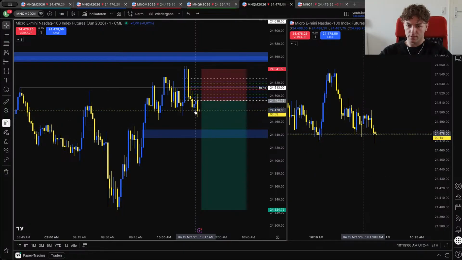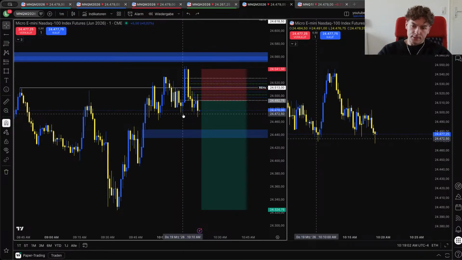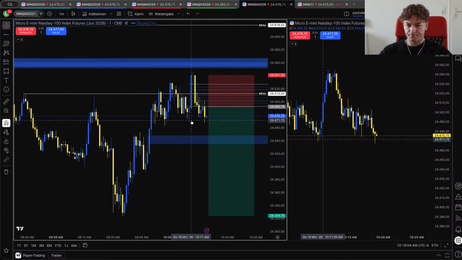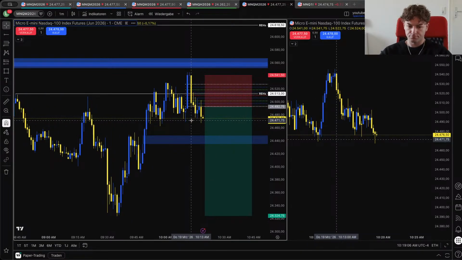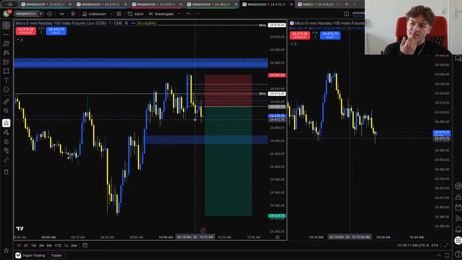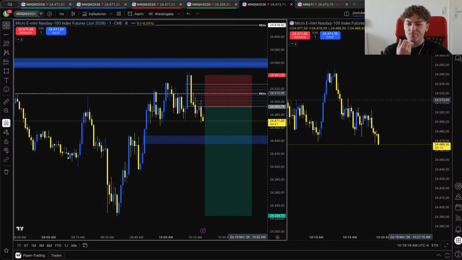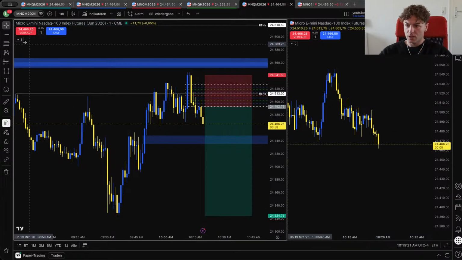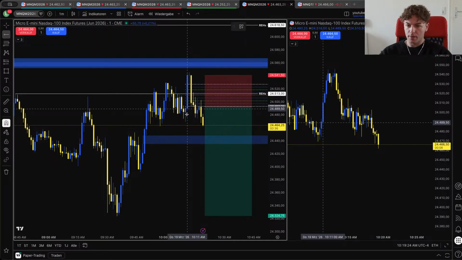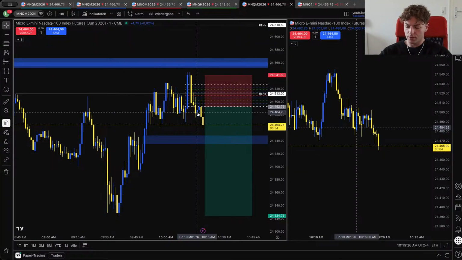Do we see a displacement now? Okay, so it's 10:19. I don't really like the time, but that's a high probability order block here.